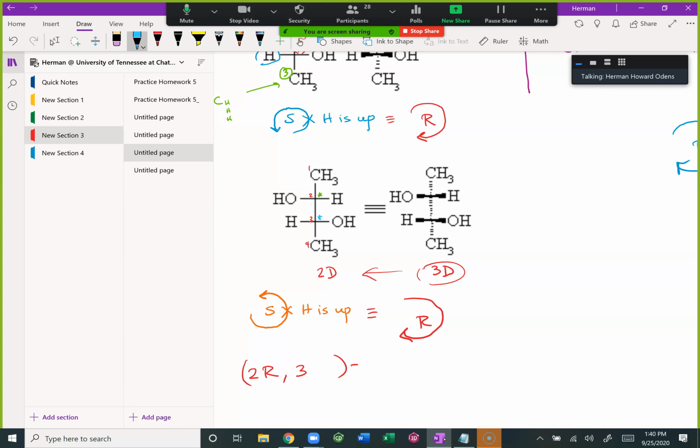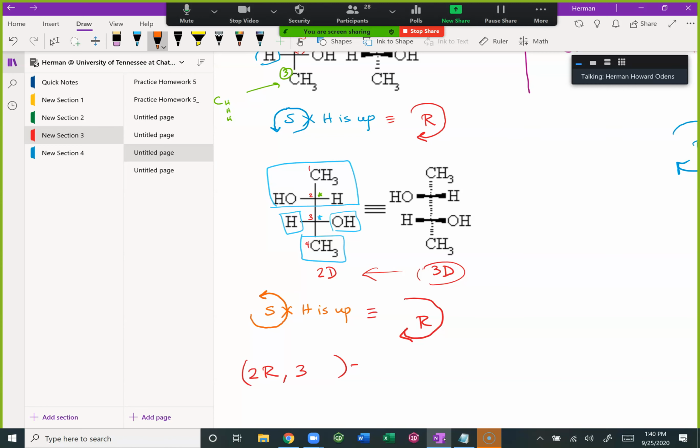All right, so here we have the groups that are attached: the H, the OH, the methyl group, and this whole thing is the other one for carbon 3. Let me delete that and draw it better.